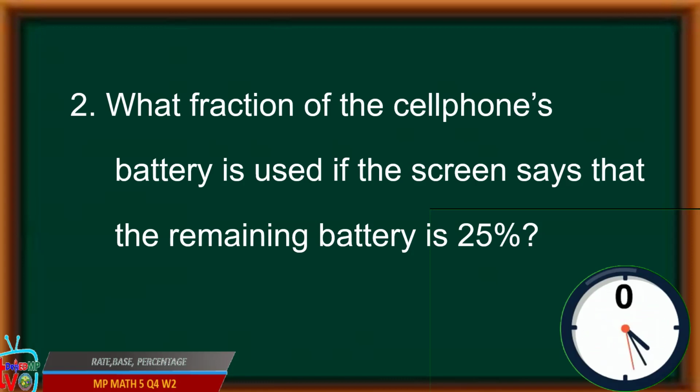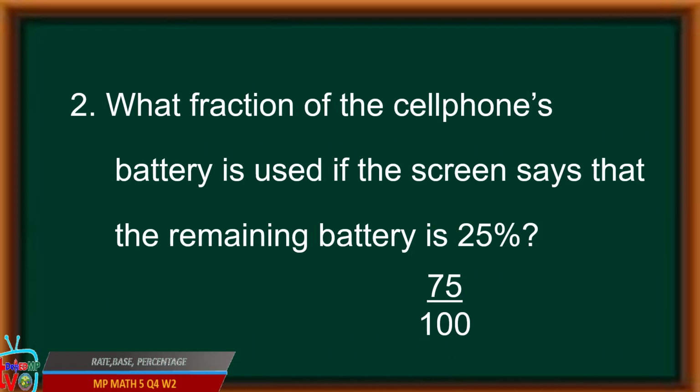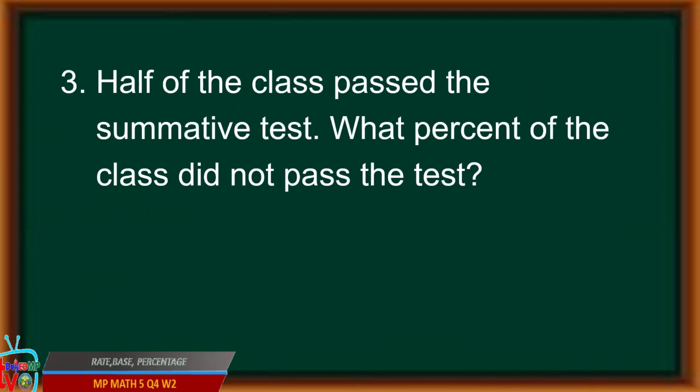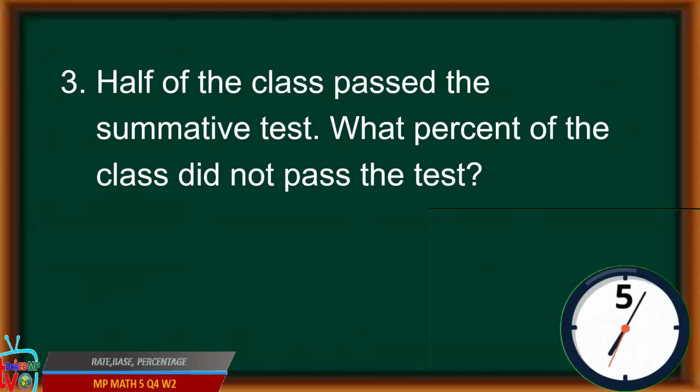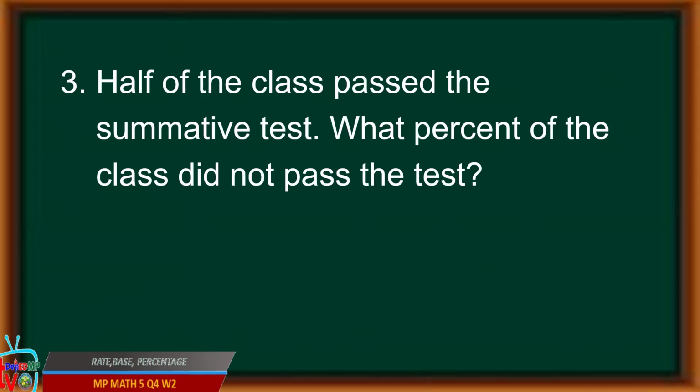The correct answer is 75 over 100 or 3/4. Number 3. Half of the class passed the summative test. What percent of the class did not pass the test? The correct answer is 50%.